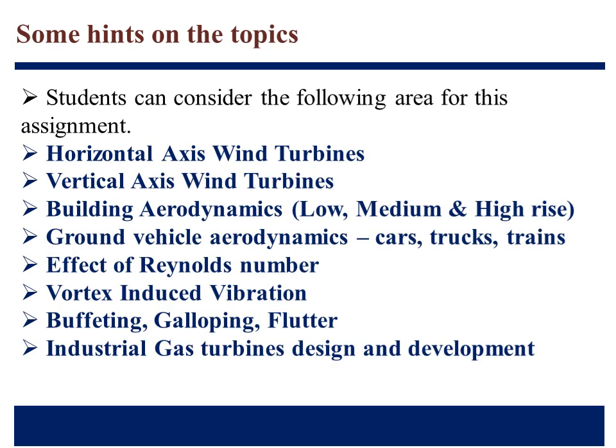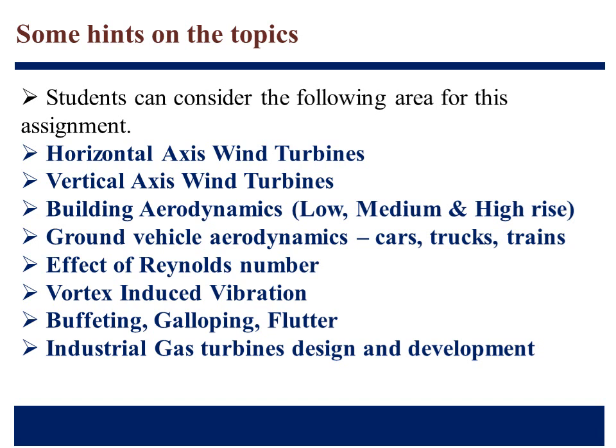Then, I want to share some hints on the topics you need to consider. Say somebody asks, sir, what topic do I need to follow? What are the keywords I can search in sciencedirect.com? Let us assume: horizontal axis wind turbines, vertical axis wind turbines, which is really a very strong research area in recent years. Then building aerodynamics.